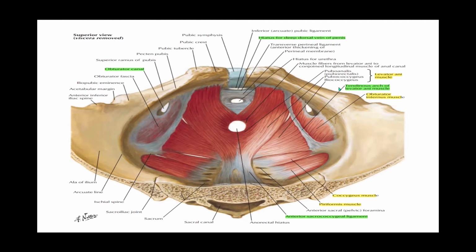On the external part of this obturator membrane is where the obturator externus muscle originates, okay? And there's an obturator canal. So the obturator internus takes origin from the internal or inner aspects, or we can say the deep surface or the pelvic surface of the obturator membrane.